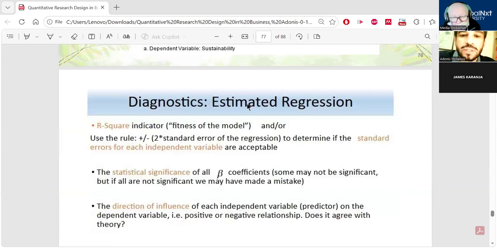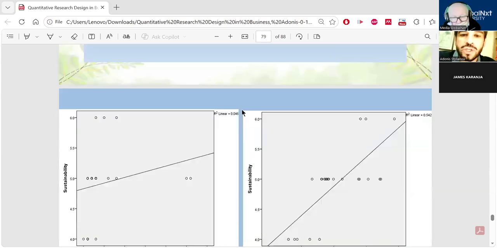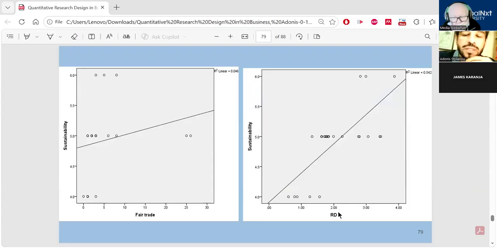The first thing you need to do is to consider visually those independent variables. For example, here I have the R&D and the fair trade. You can see the fair trade has extreme values in all different areas.